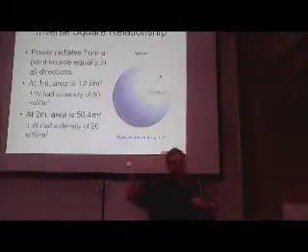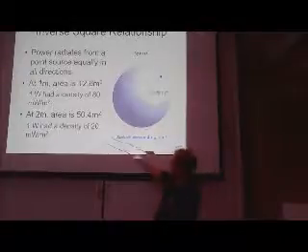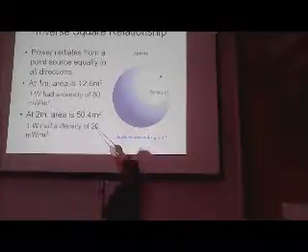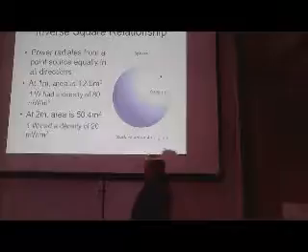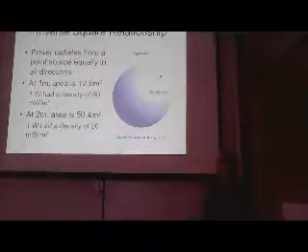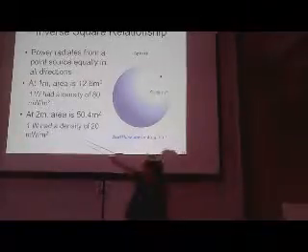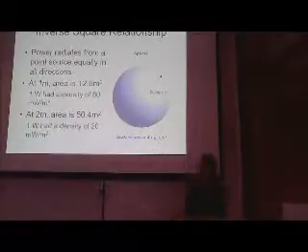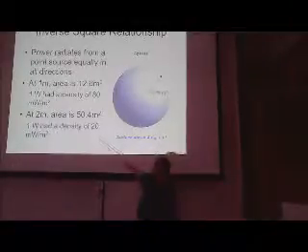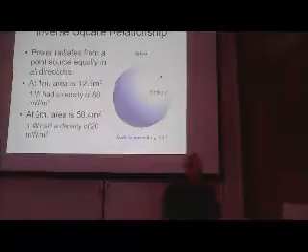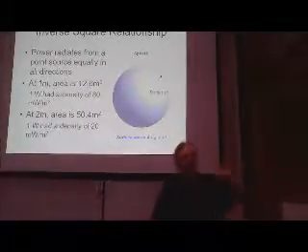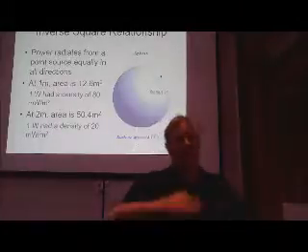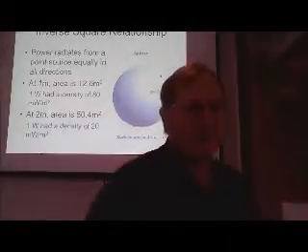So if we double the distance, to 2 meters, the area is now 4 times the area. So that same 1 watt is now over 4 times the area, and that gives us a power density of 20 milliwatts per square meter. So the power is reduced by a factor of 4 as the distance is doubled.